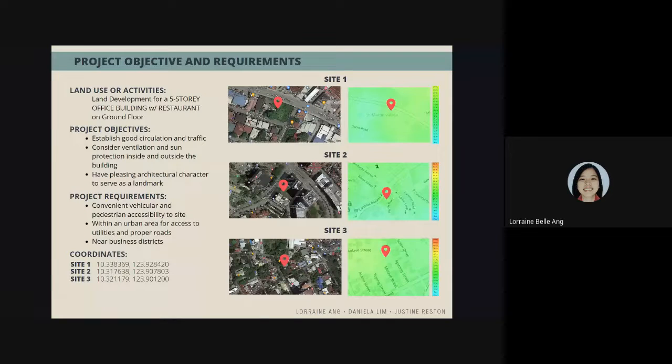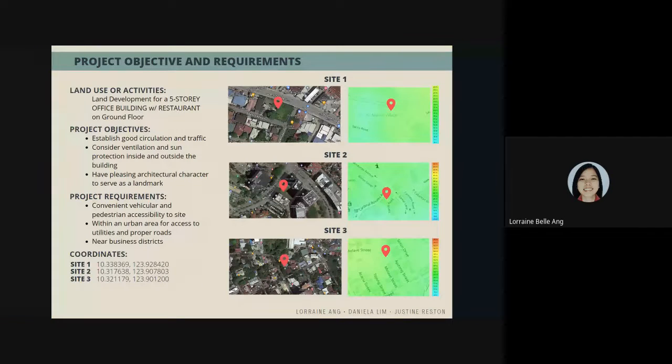Some of the requirements are convenient vehicular and pedestrian accessibility to the site. So it is good that there are proper roads in that development and also sidewalks for the pedestrians. It is preferable that it is within an urban area for access to utilities and proper roads.